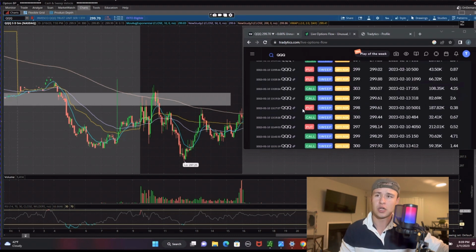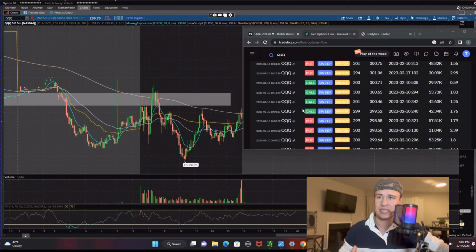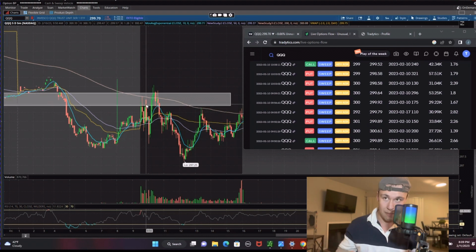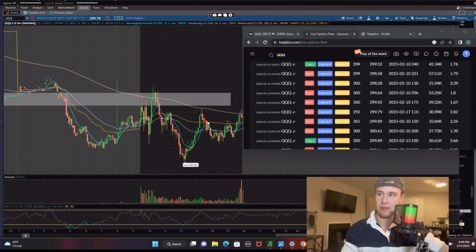All right, so I have pulled up the exact time frame and the exact filters that I would use on Tradalytics. So we start to see around 950, which if we look at the chart here, 950 is this big red candle that rejected that demand area. Obviously, a few puts came in.